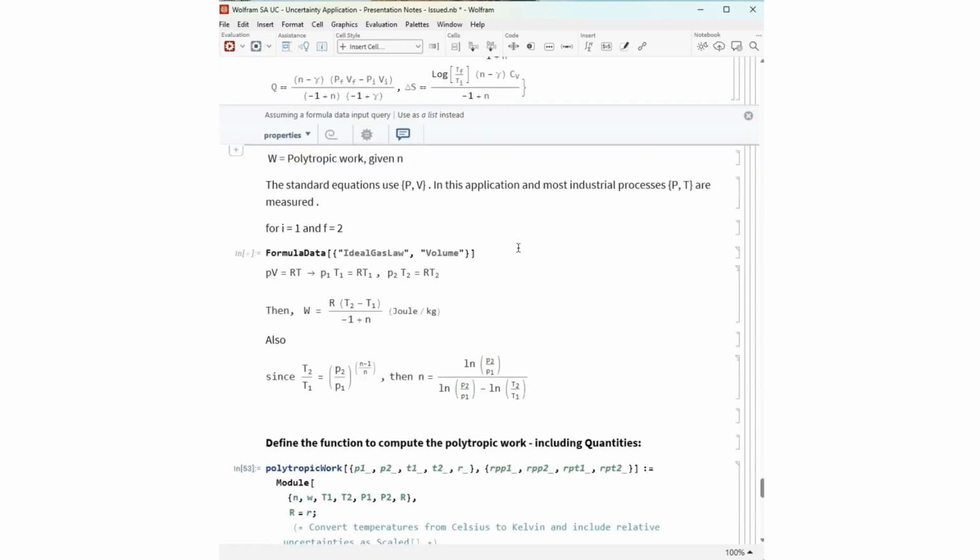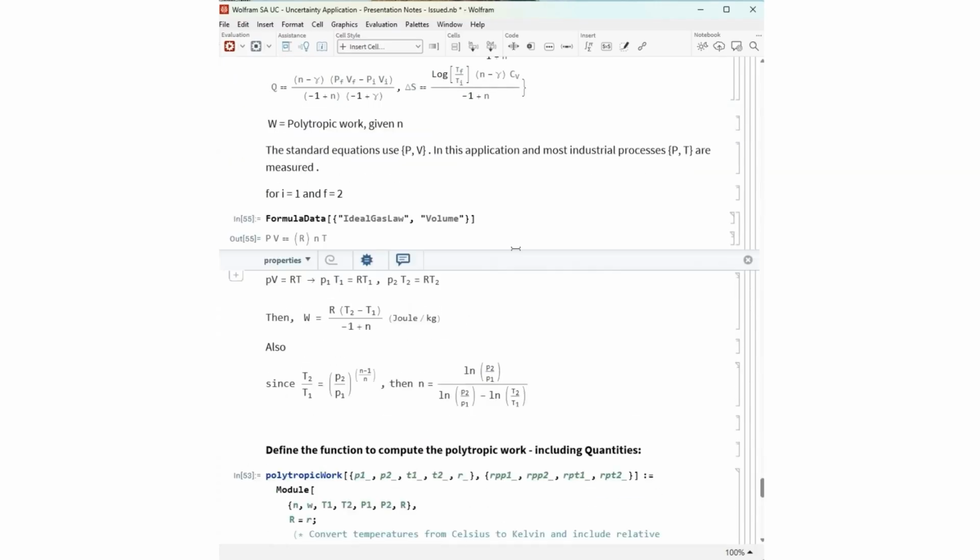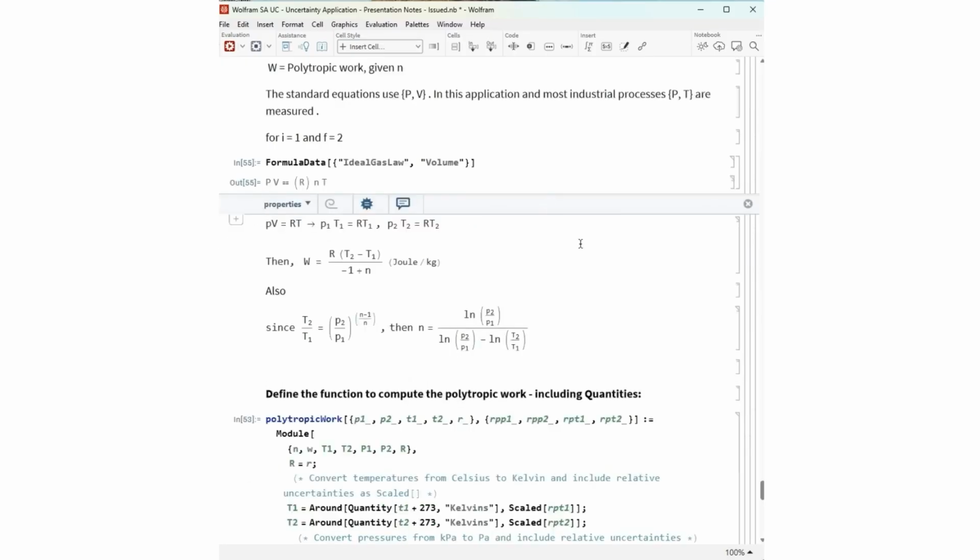However, if I can get the ideal gas law like this, which is PV equals nRT, I can relate the pressures and temperatures to R. Then I can define the work in relation to temperature, polytropic index, and R. And since this relationship here holds, then you can compute the polytropic index as such.